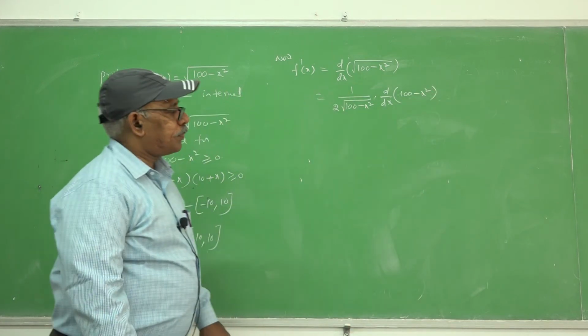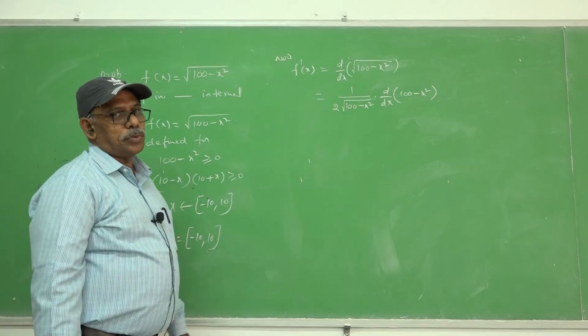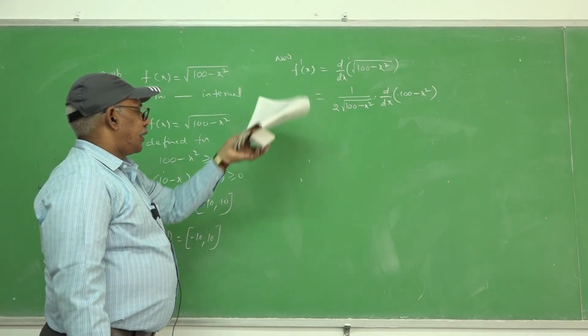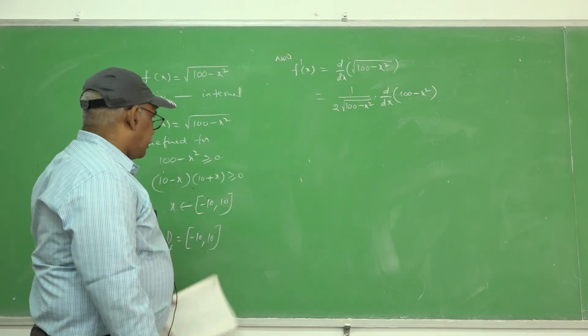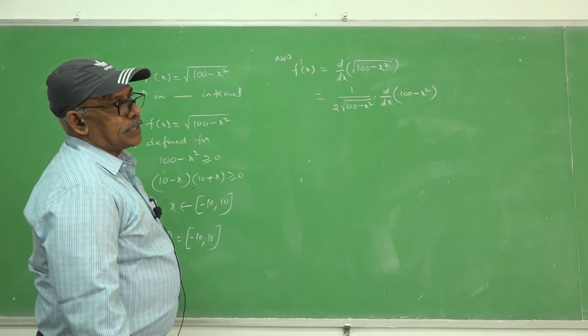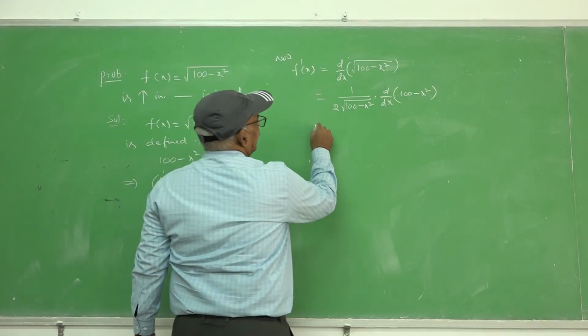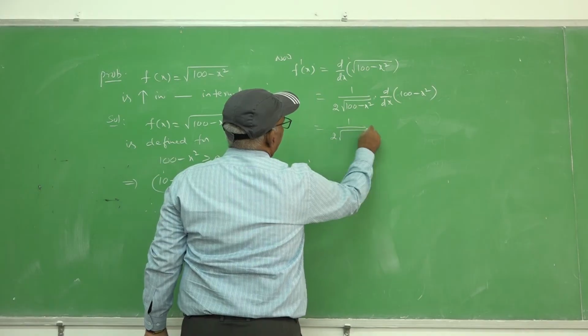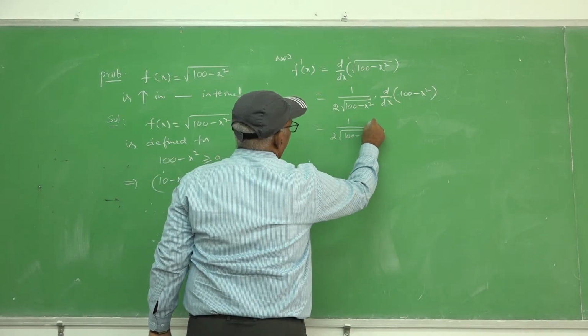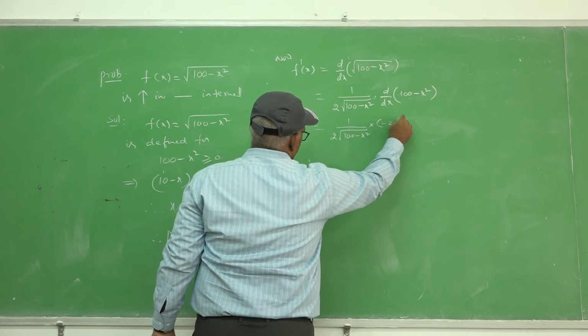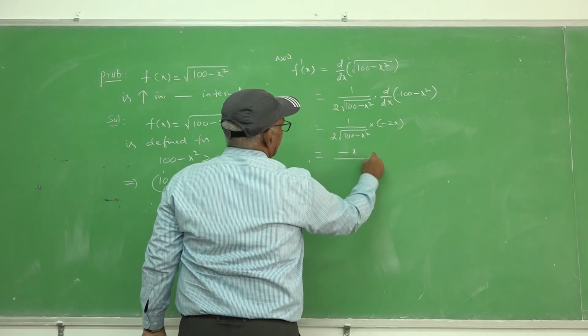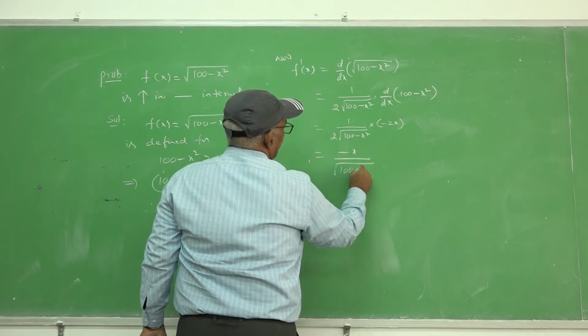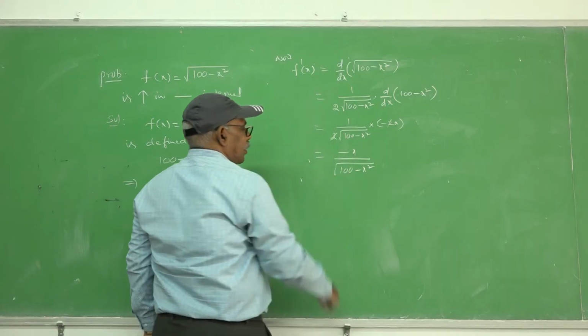For the square root function, the derivative is 1 by 2 root of 100 minus x square, and dy dx of 100 minus x square follows. That is 1 by 2 into square root of 100 minus x square into minus 2x, which is minus x by root over 100 minus x square. You can remove these two.